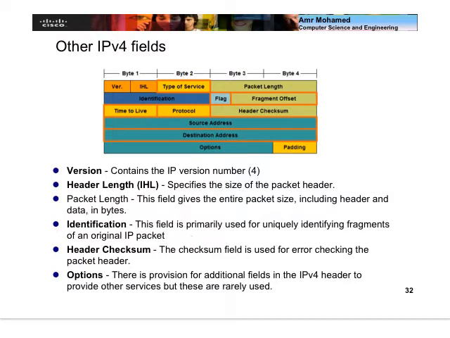Identification, as we have mentioned before, is primarily used to uniquely identify the fragments. Okay, so you have to identify the fragments, not the sequence of the actual packet, the fragment. So once you start fragmenting, you set the identification to 0, 1, 2, 3, and so on. But for the actual packet itself, if there is no fragmentation, then you do not have to set a specific sequence number, because the sequence number does not have any value in that case.